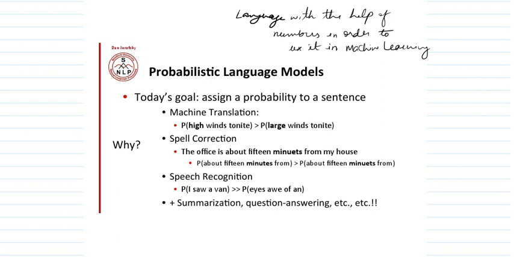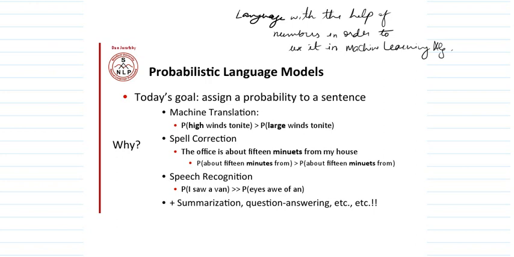So we need to express the language or the sentences in the form of numbers so that we are able to give it as an input to the machine learning algorithm. What are the different kinds of applications in which we could use them?